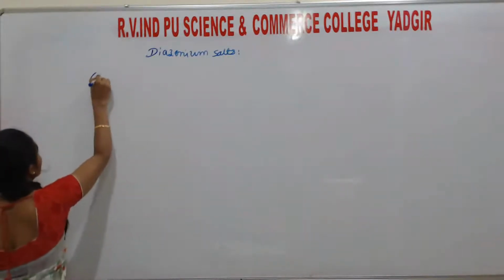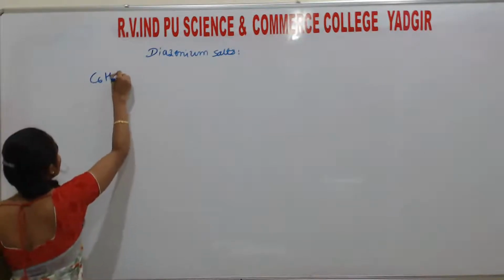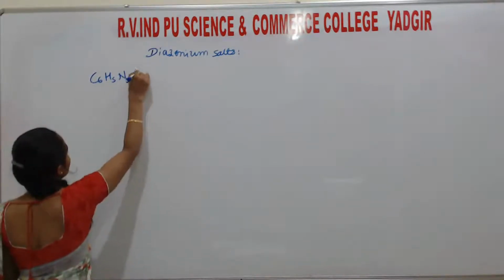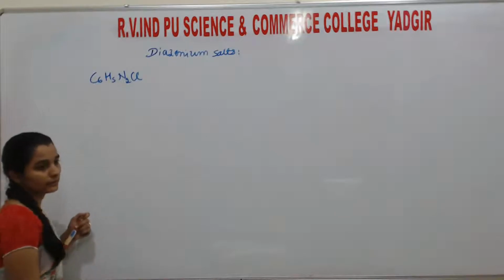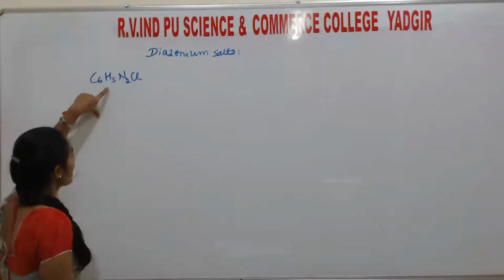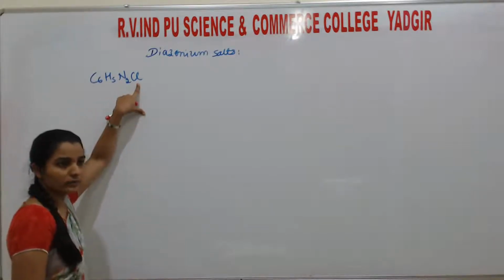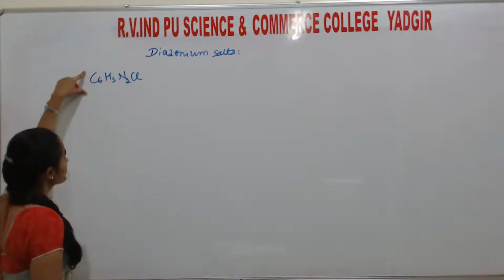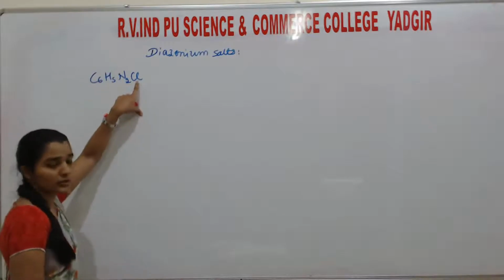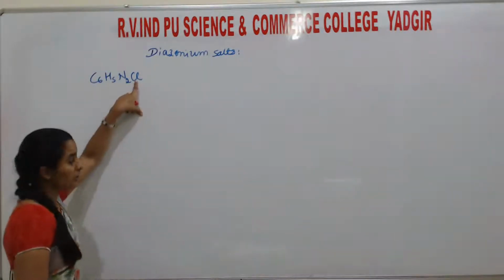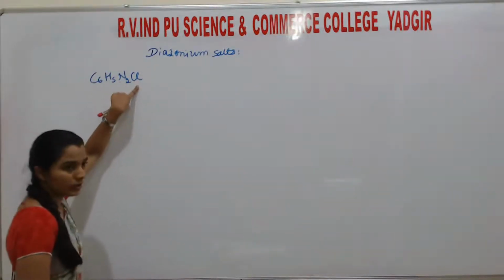One is C6H5N2Cl. The name is benzene diazonium chloride, followed by the parent chain, azo group, and also the anion. So benzene diazonium chloride.